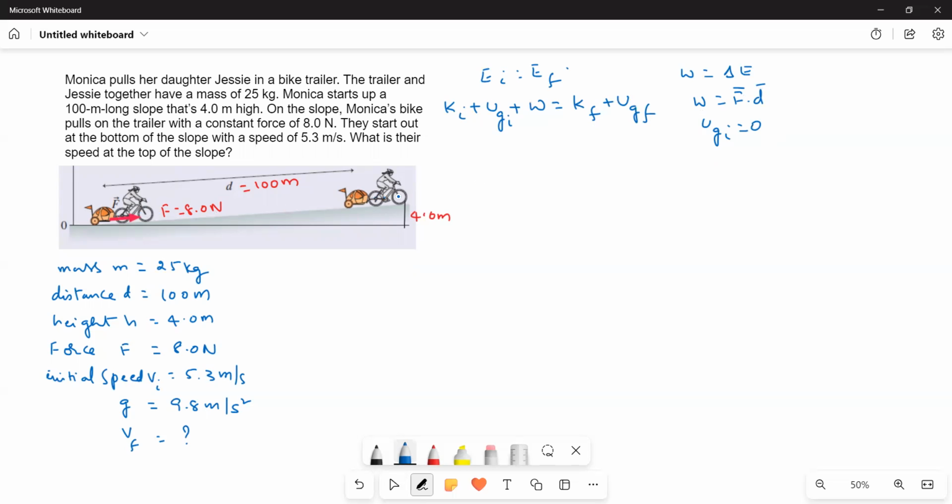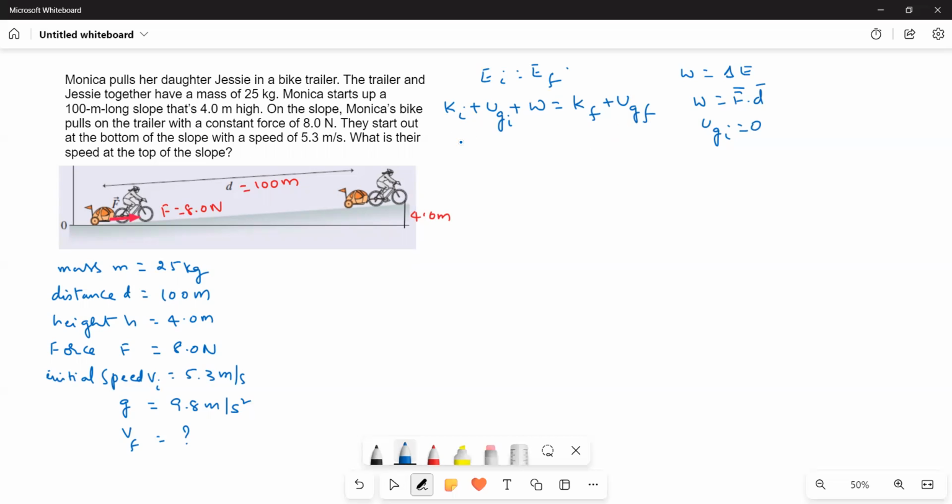And finally, at the end point, Monica and the bike trailer have both kinetic energy and potential energy because they have climbed the slope. As they reach there, they have a velocity, so the final kinetic energy is also there.